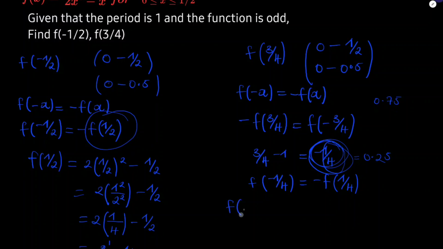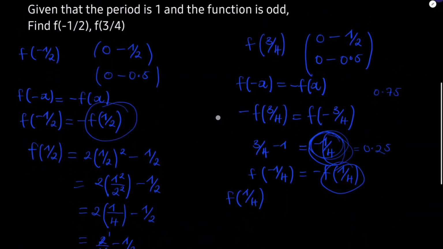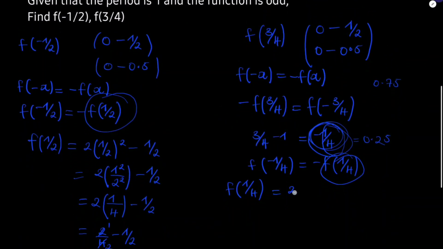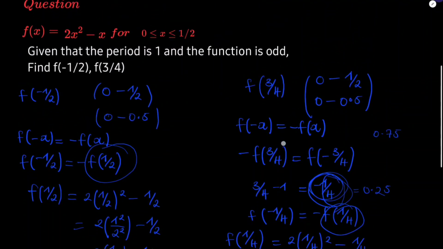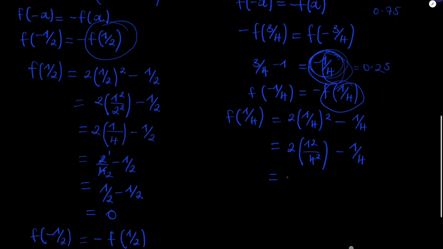So now let's take f(1/4) and substitute it in our function. So this is 2 times (1/4) squared minus 1/4. This is the same as 2 times 1 squared over 4 squared, minus 1/4. So 1 squared is 1 and 4 squared is 16.